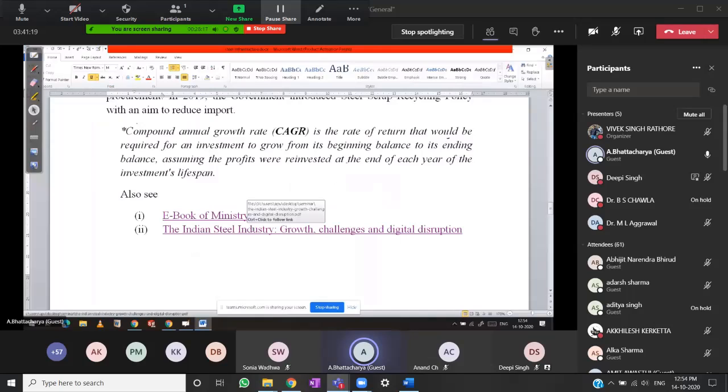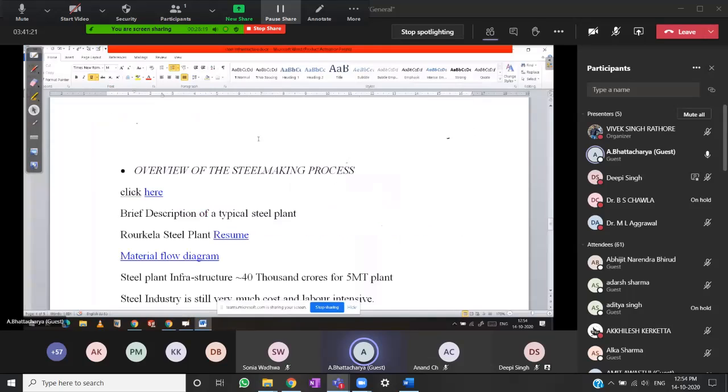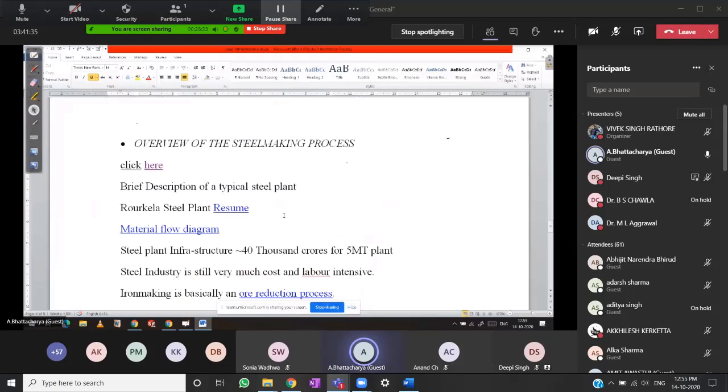Overview of steel, I have shown you. I'll show you again. So this chart you have seen. I will not go much into it. Having said that, because I have spent much time in Rourkela steel plant, I will describe Rourkela steel plant.